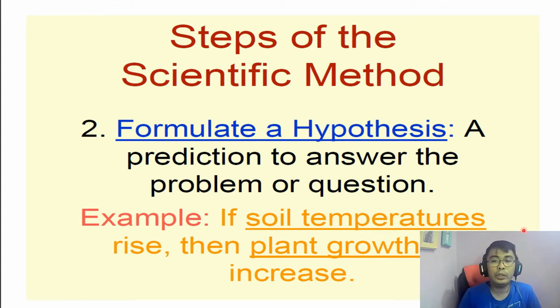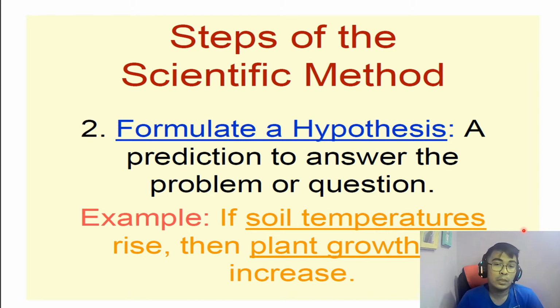Next, you are to formulate a hypothesis. It's a prediction to answer the problem or question. If you can still recall your Science 7 or your elementary science, you understood the concept of hypothesis already, right?